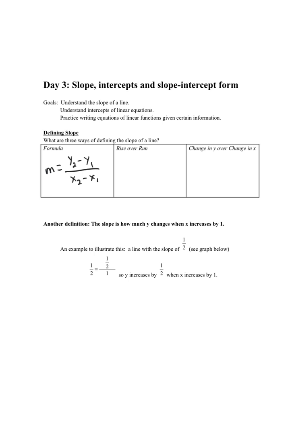Another way would be rise over run. So thinking about the change in y, that's the rise, the up and down direction, over the run, which would be the change in x.